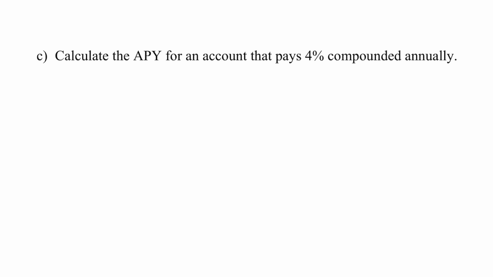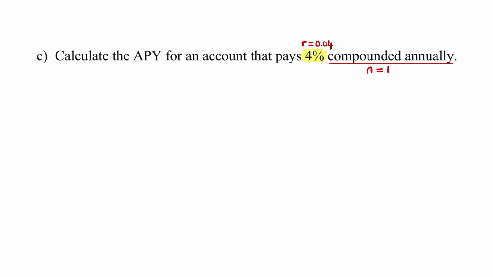Question C. Calculate the APY for an account that pays 4% compounded annually. So R is 4%, which is 0.04. Compounded annually, that means I'm compounding once a year, and N is 1.